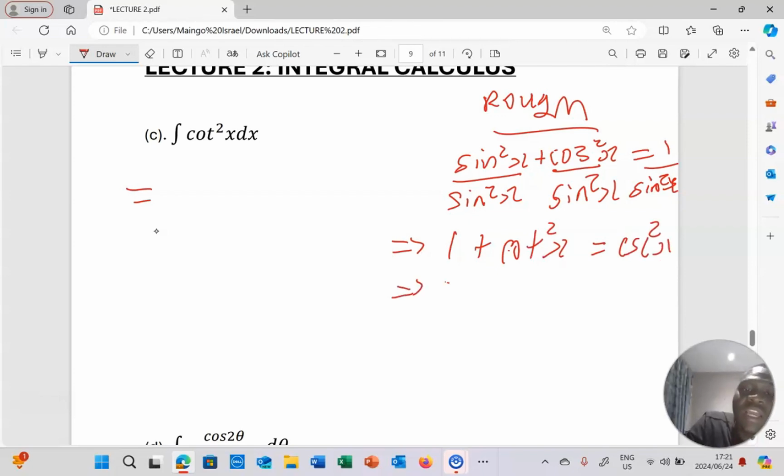So this implies that cot squared x equals cosec squared x minus 1.